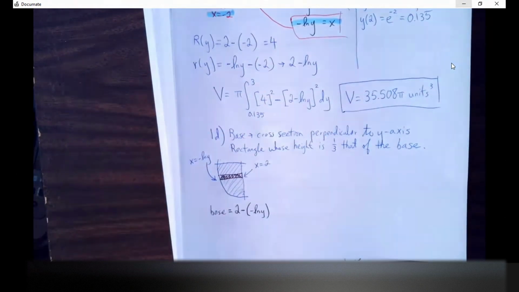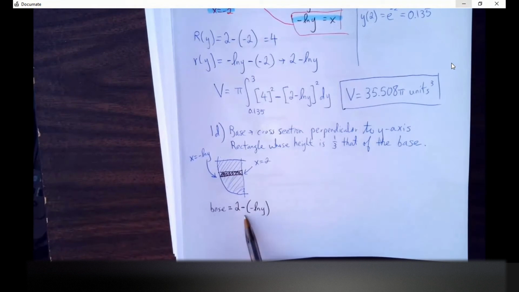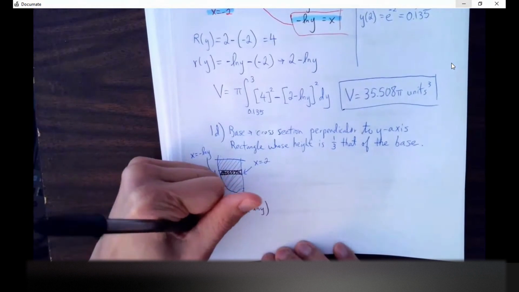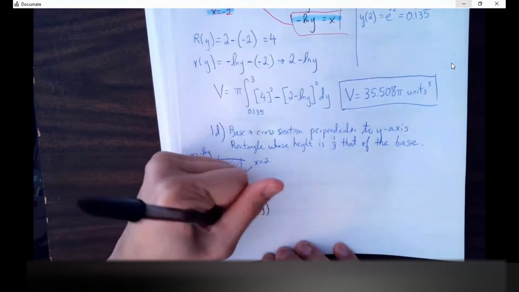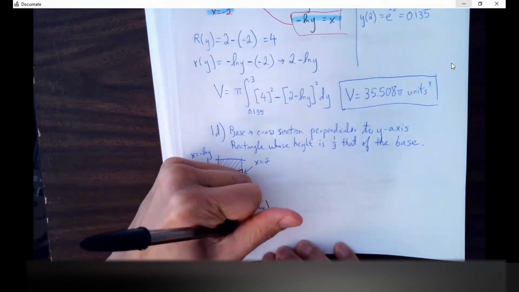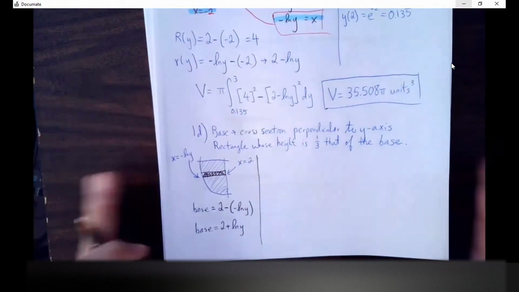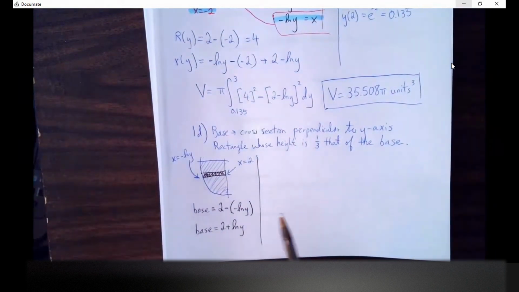All right, careful with your negatives, right? That's why it's good to have the parentheses there. Helps you see things a little bit more clearly. All right, any questions so far? Are we good? Yep. All right, what's next?